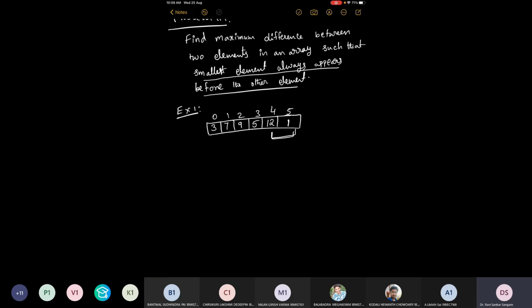So where is the maximum difference such that the smallest element is on the left side and the other element is on the right side? Difference between 3 and 7, 4, 3 and 9, 6, 3 and 5, 2, 3 and 12, it is 9, 3 and 1, difference is 2.